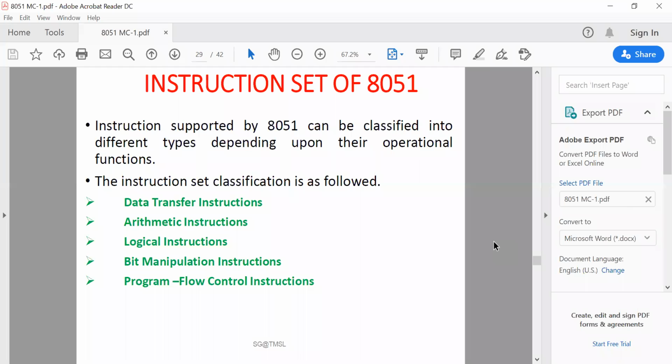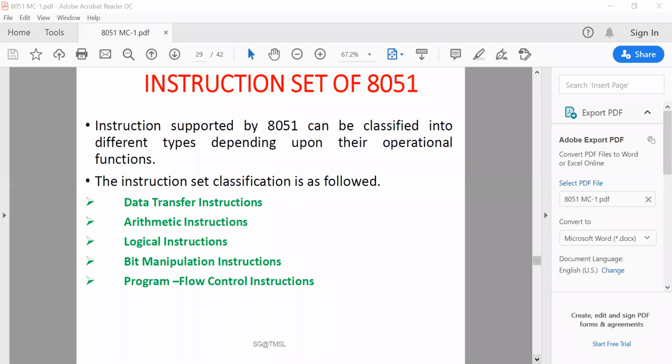Like in all microprocessors, the microcontroller has data transfer instructions. These are the instruction set classification: data transfer instructions, arithmetic instructions, logical instructions, bit manipulation instructions, and program flow control instructions. So I will discuss them one by one.